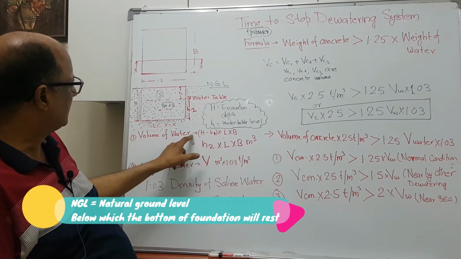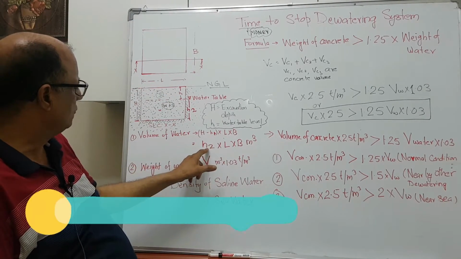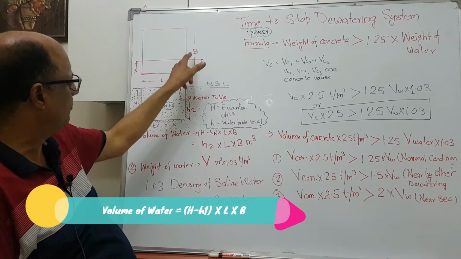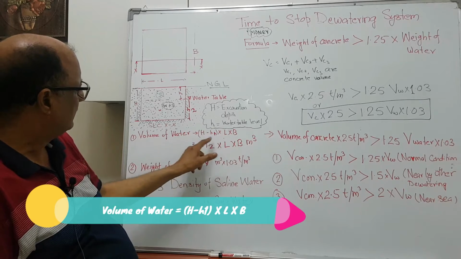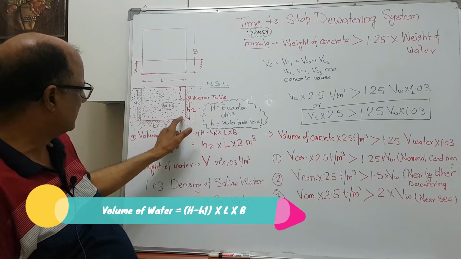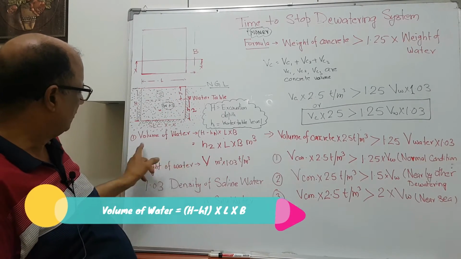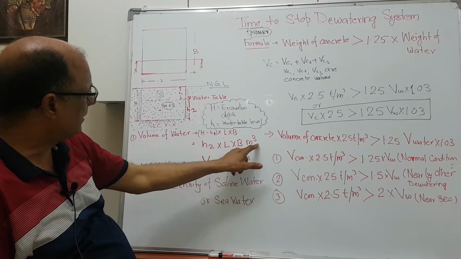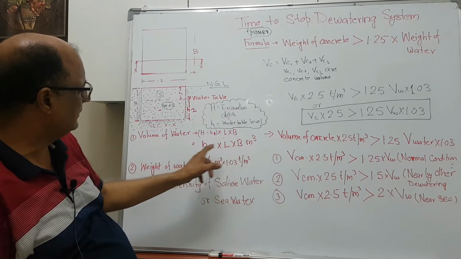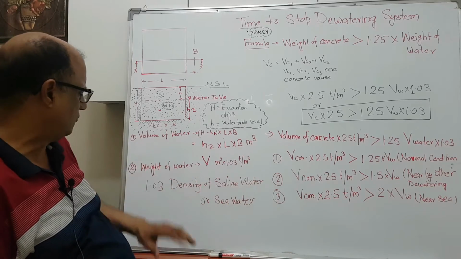The volume of the water should be calculated as H minus H1, that will be H2, into the area of the construction, L into B. So L into B multiplied by the height of the water, where we have to construct the structure within the water table. So H2 into L into B will come in meter cubed because we are applying the height, length and width in the metric unit, meters.